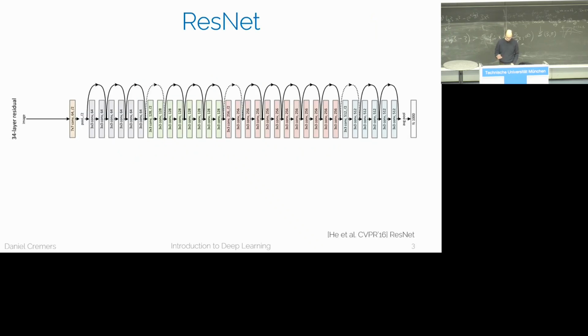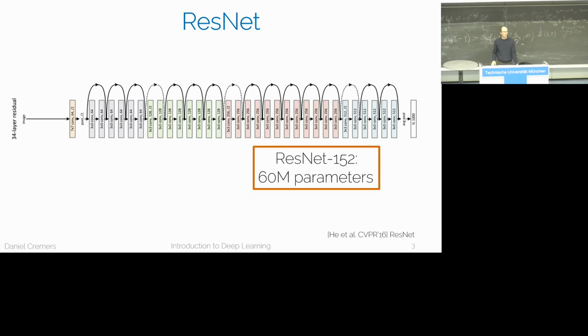A short part about transfer learning. What is transfer learning? Just so you've heard these terms. Here's the ResNet that we've talked about. One of the issues with these networks, and you see it almost from the picture, is that they have gazillions of parameters. For example, ResNet 152 has 60 million parameters.